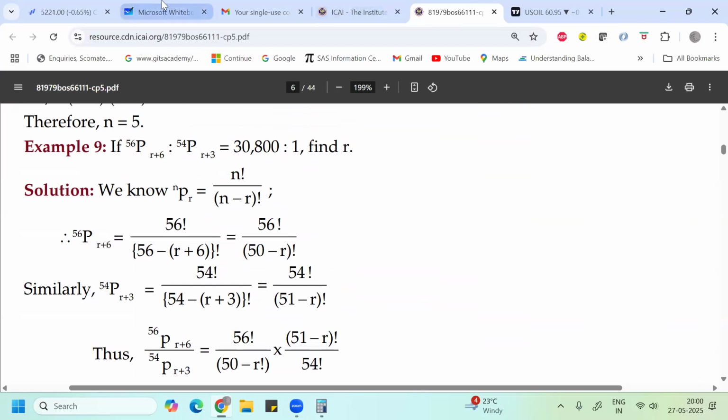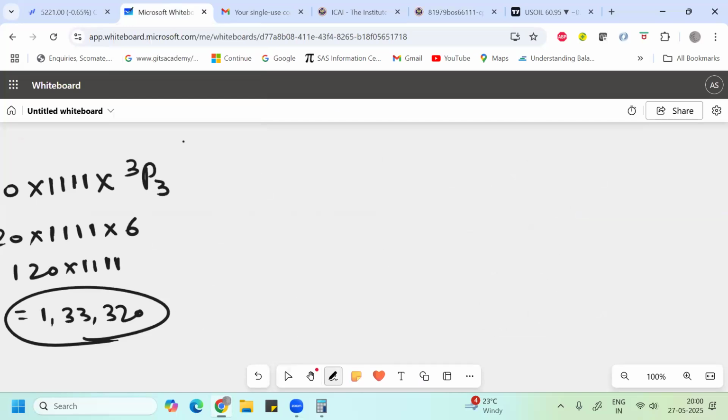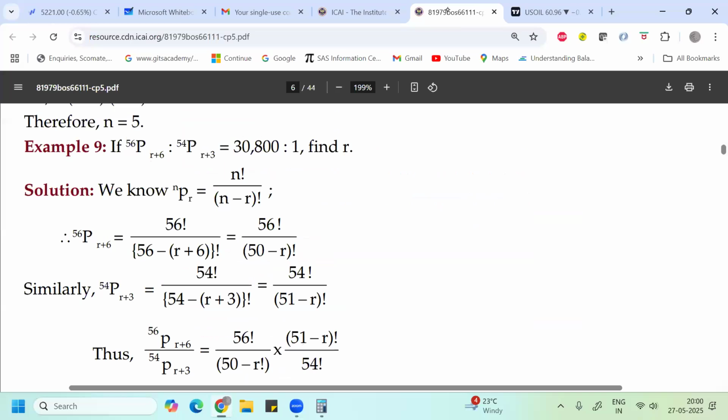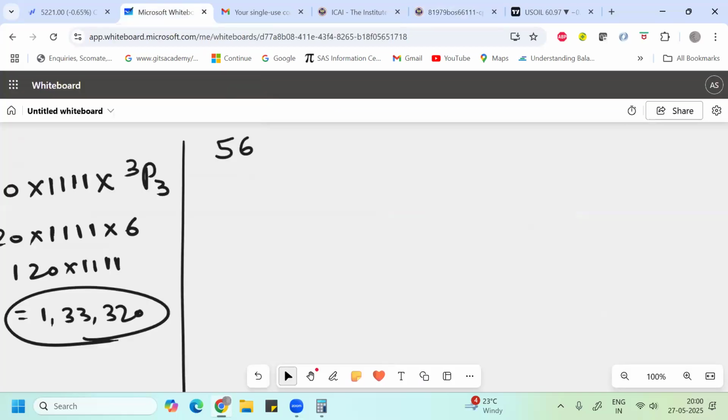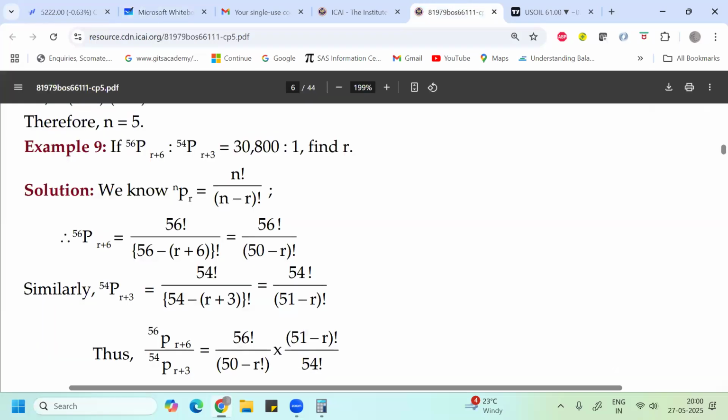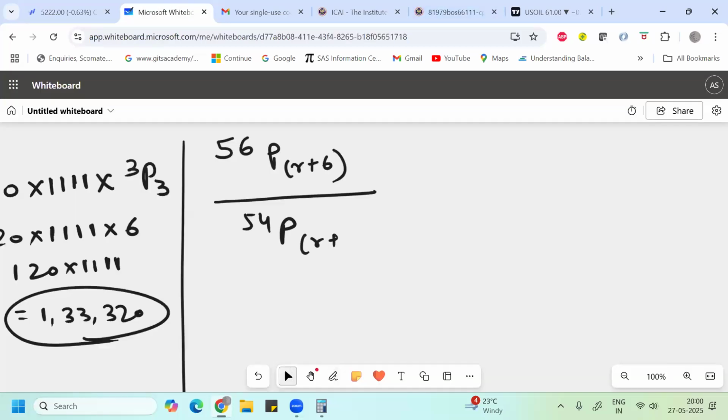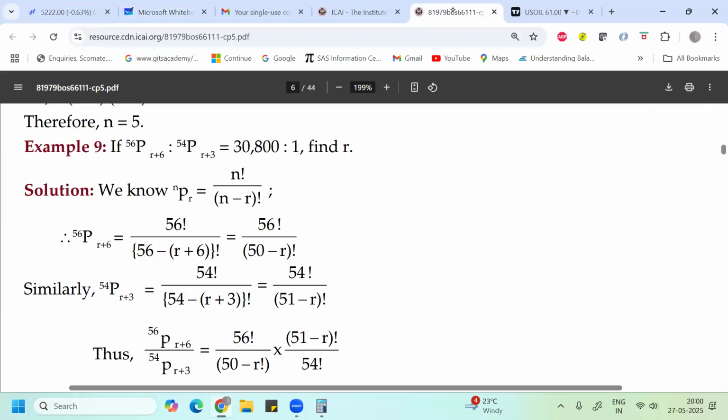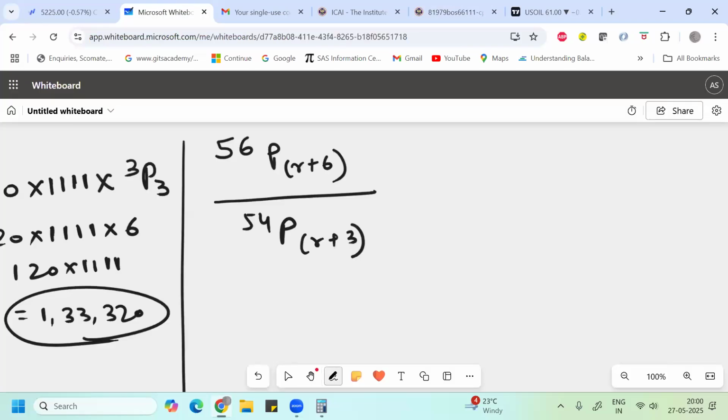You can try to solve it by yourself. So we have to solve this.